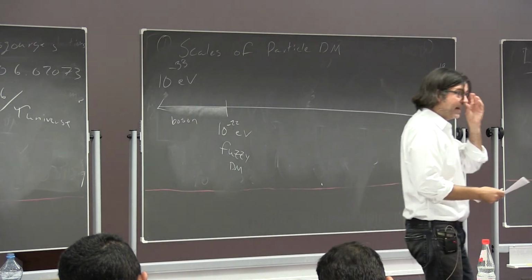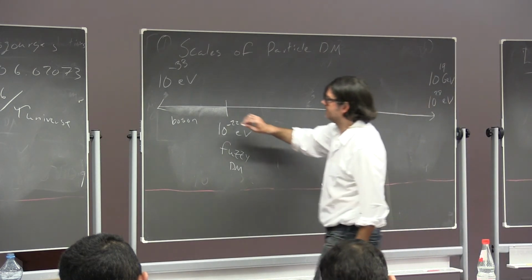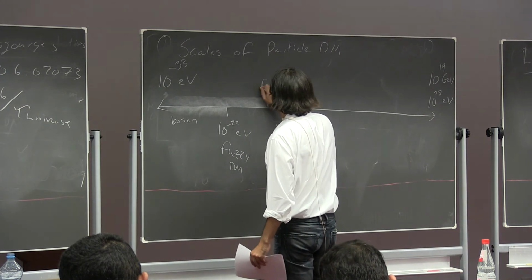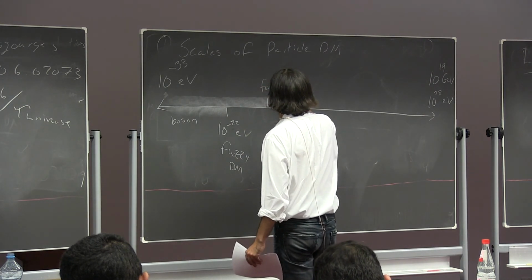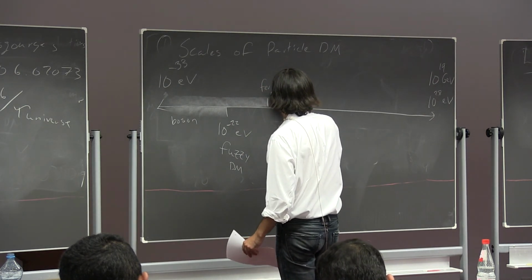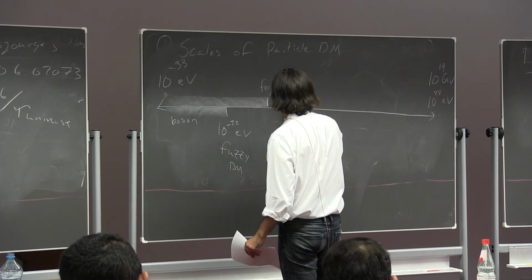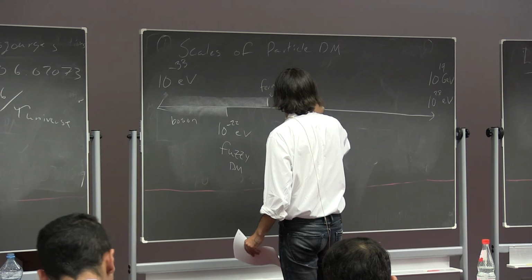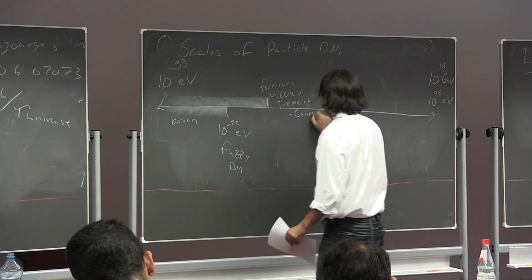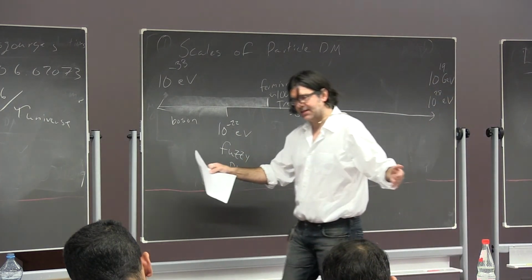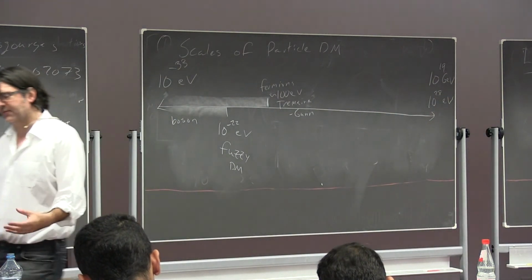There's an equivalent bound for fermions, which is around 100 eV. This is known as the Tremaine-Gunn bound. It's a similar idea. You take a galaxy, except instead of putting bosons in it, now you're putting fermions in it.